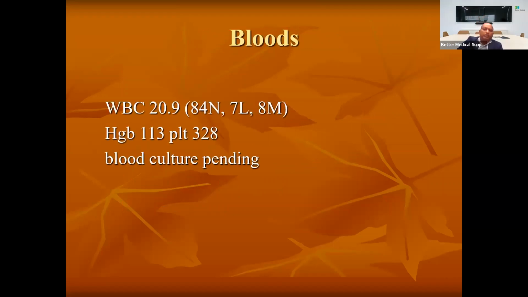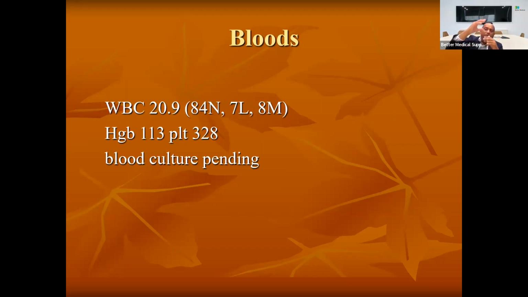You can say that we universally do the blood. The white cell count is 20,000, and we did the cultures. Because I set up the order sets, we would not have done cultures on this patient otherwise.